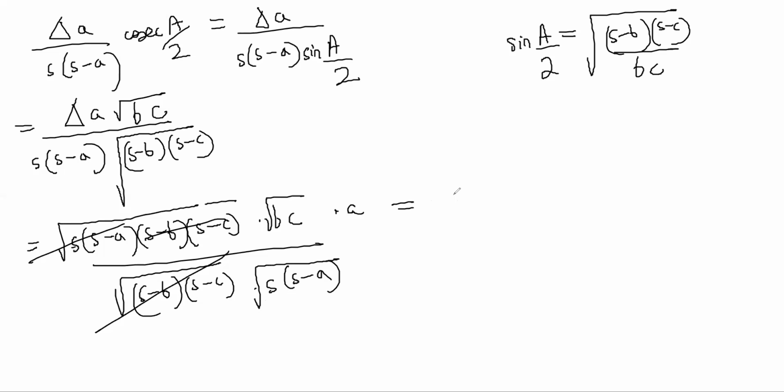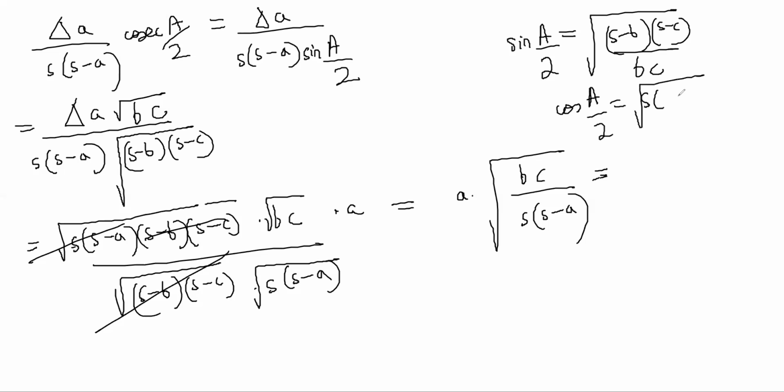A is common, and this is BC by S into S minus A. Now, if sine A by 2 was this, cos A by 2 was root over S into S minus A by BC. So this is A by cos A by 2.